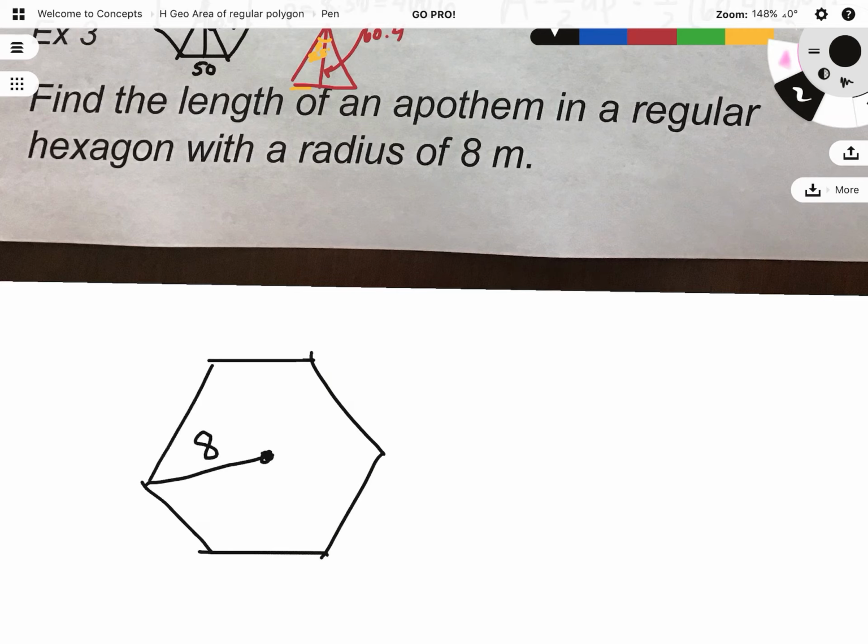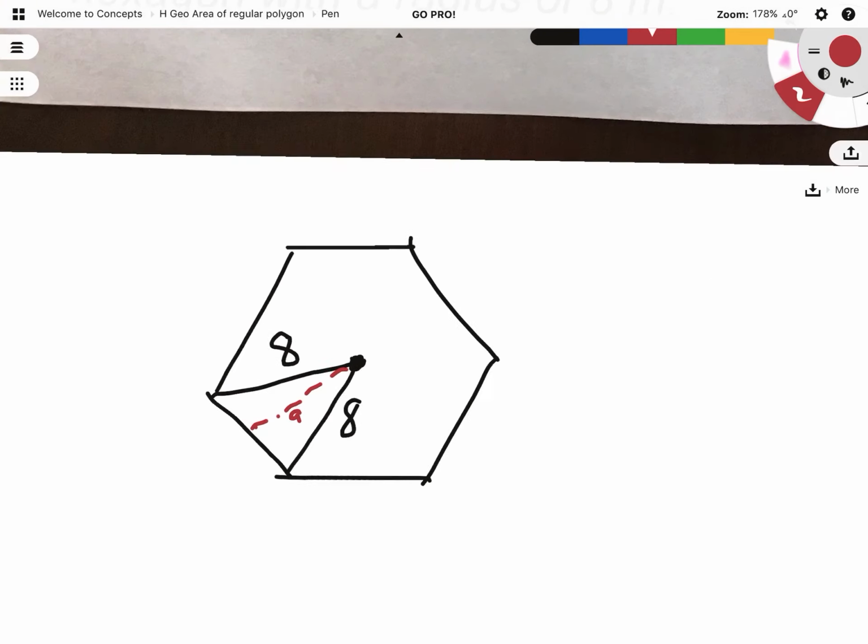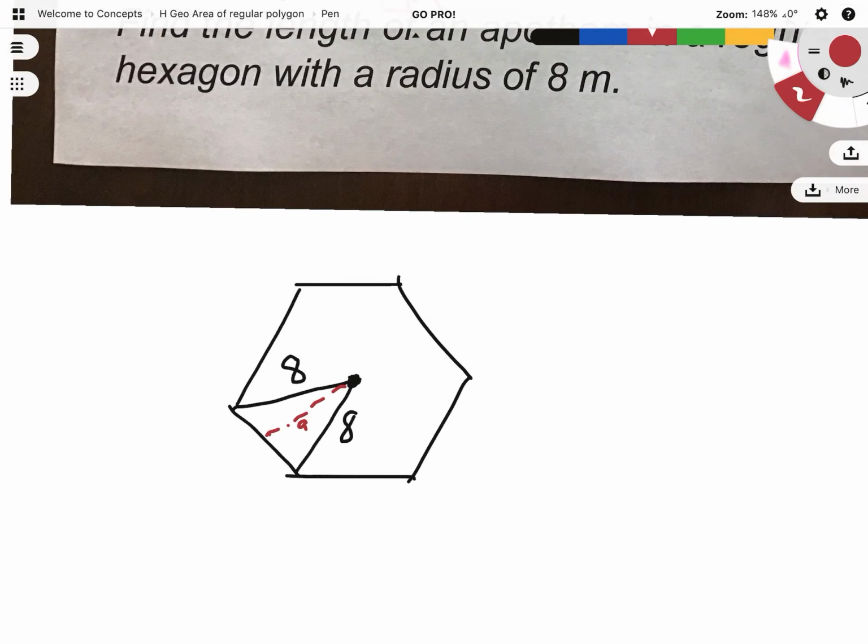So that's 8. This is also 8. And then we want to figure out the length of the apothem. So we want to know this length there. Call that A. So we want to find A.